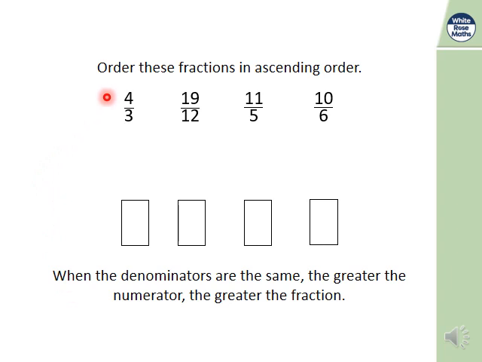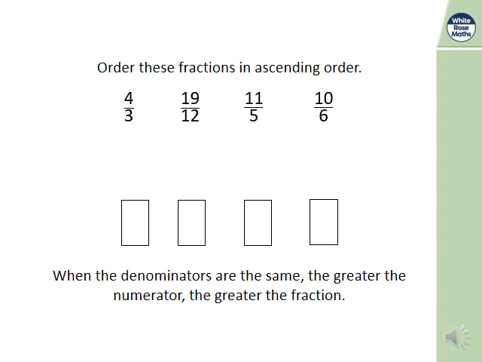When we look at these fractions, can we change the numerators to one of these? Or can we change the denominators to one of these? Now if we looked, yes, we can change 3 to 12. We could change our 6 to 12ths, but we'd find it quite tricky to do with our fifths. Now we could change them all to 60ths.